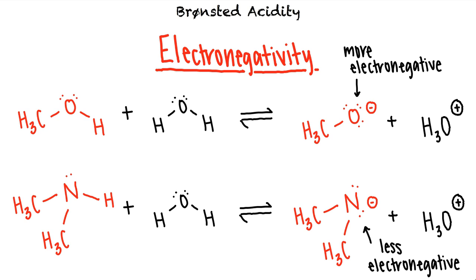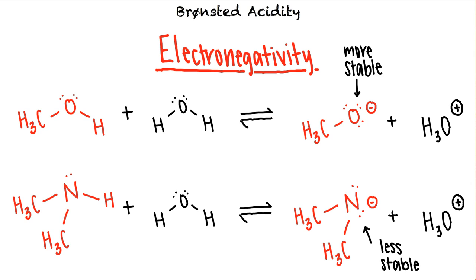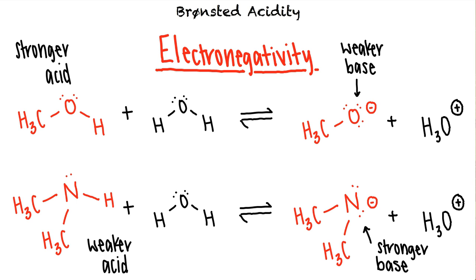When the negative charge on a conjugate base anion is placed on a more electronegative element, the electrons are lower in energy and thus the base is more stable, making it a weaker base, and the corresponding acid is thus the stronger acid. So as a general rule, we say that acidity increases as electronegativity increases.